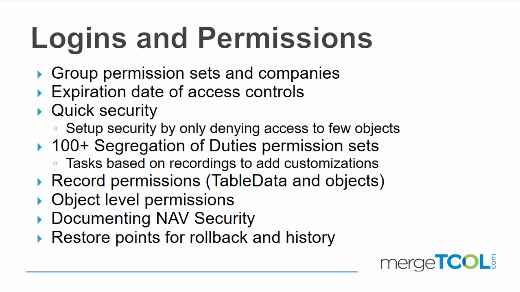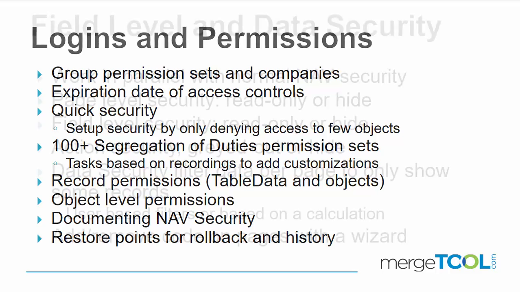We have many features that can document NAV security, and every time we change security, we do it inside our application. We can then roll back to a previous point in security because we create restore points, or we can also use these restore points to see changes over time.